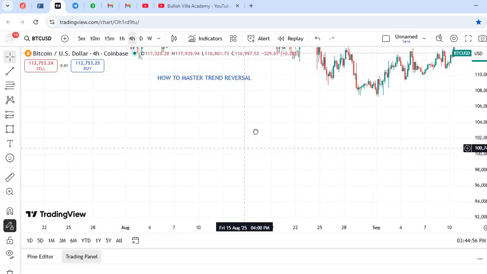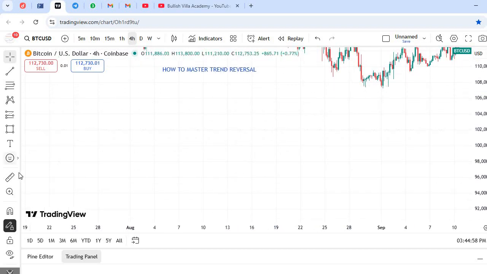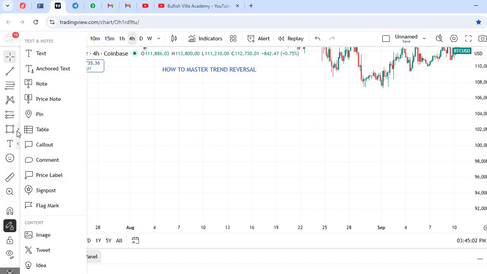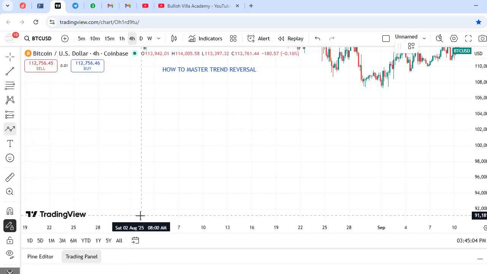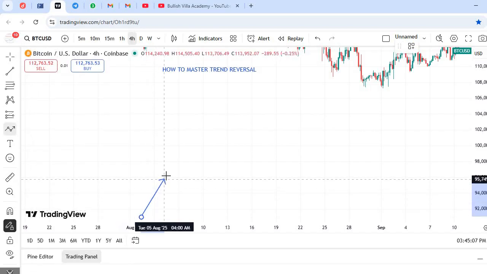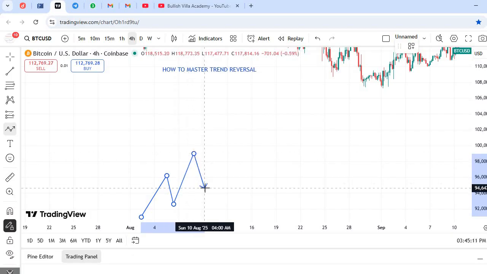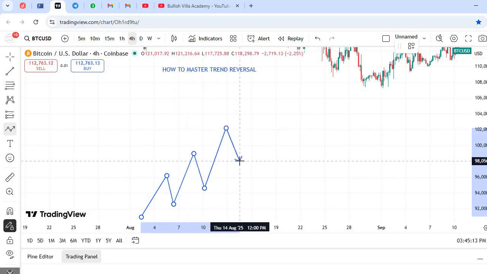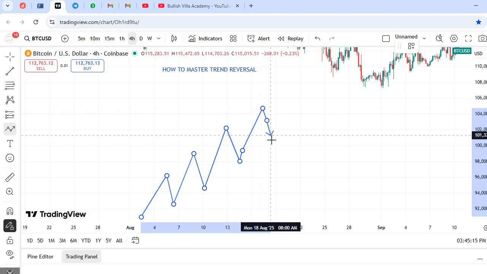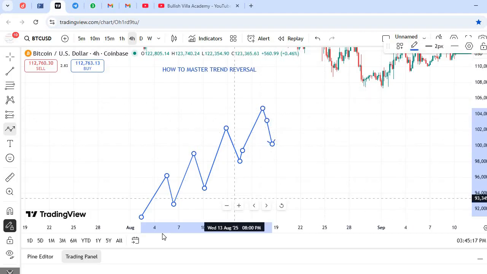So now, for instance, let's look at this. Let's assume we have this uptrend: highs, lows, impulse, correction, impulse, correction, impulse, correction. Now, this is an uptrend.